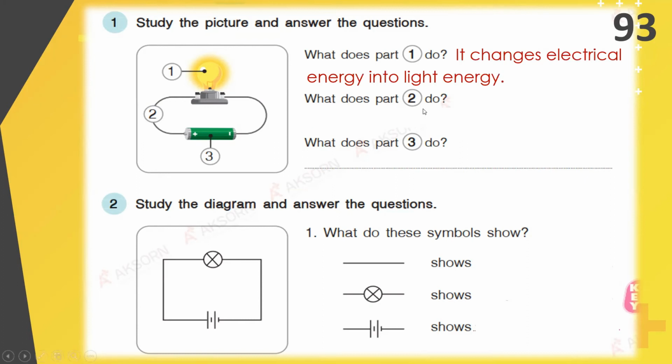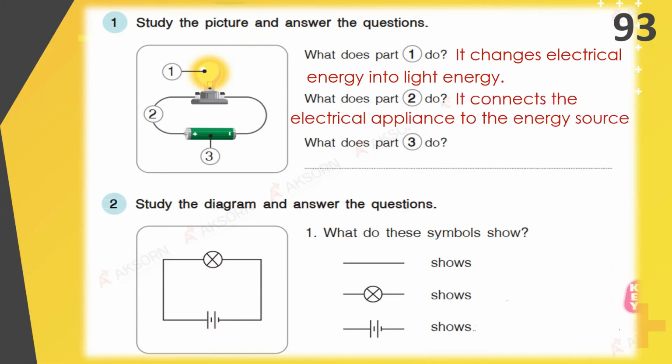What does the electric wire do? It connects the electrical appliance to the energy source. And for number 3, what does an electric cell do? Of course, it gives out electrical energy.